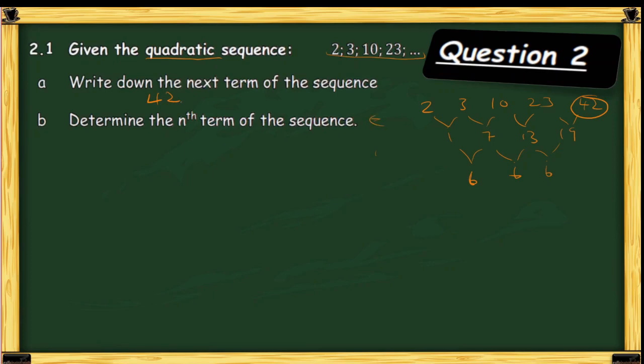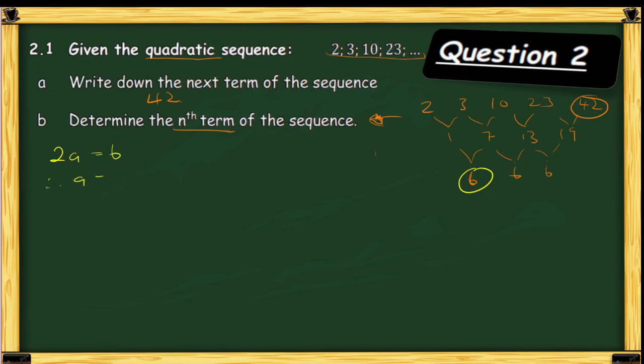Well, that gives us enough information to get into generating or determining the nth term. So let's get going. Well, we know that 2a is equal to 6, so let's set that up.